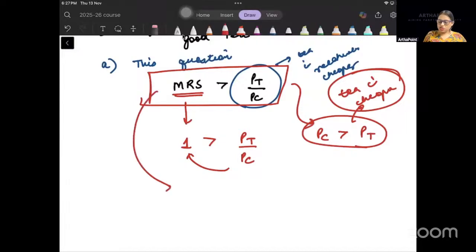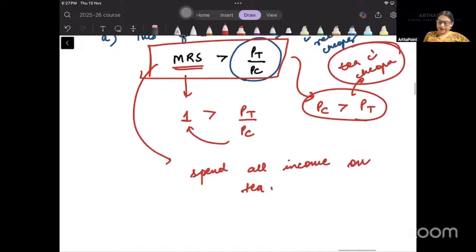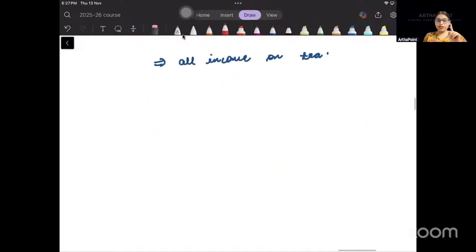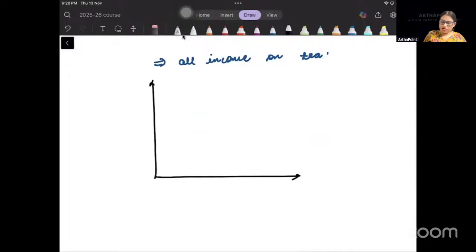And when tea is cheaper, I should spend all income on tea. I will spend all of my income on tea. Okay. If I am spending all of my income on tea, then understand carefully what it means according to the graph. Suppose I have a budget line, this is tea and this is coffee. This is my budget line.